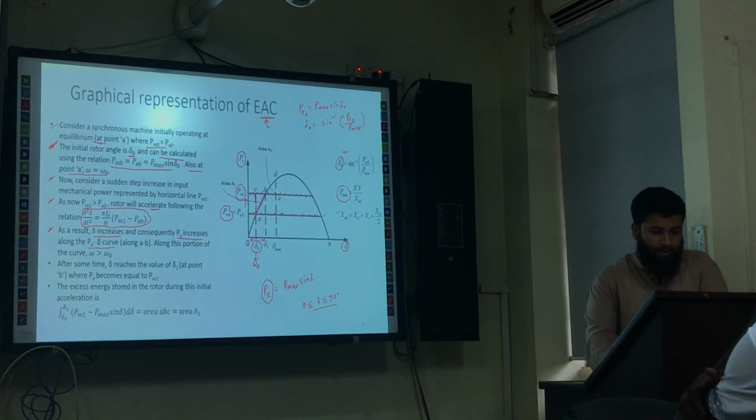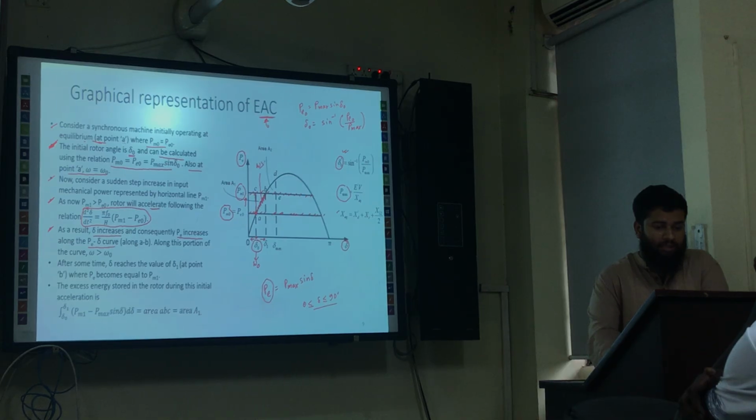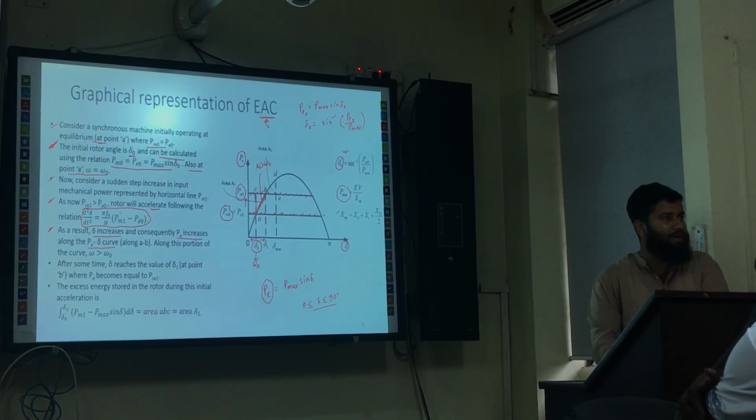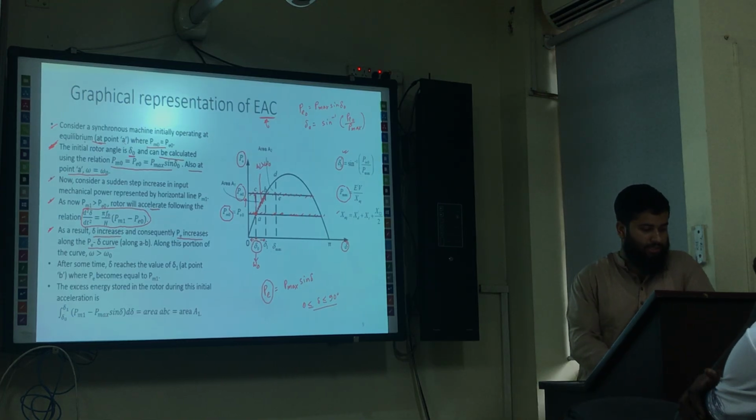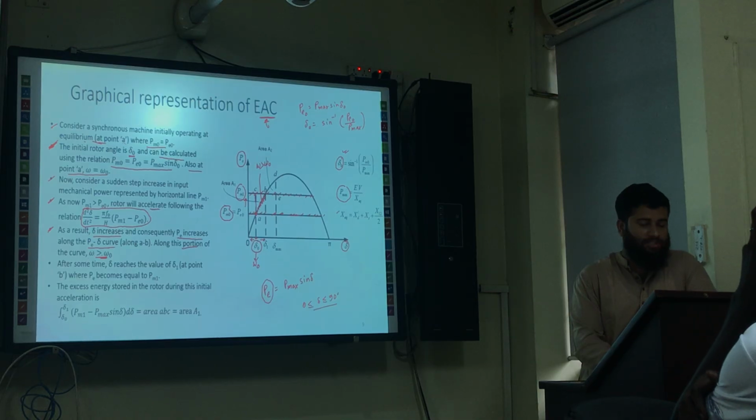Along this portion, if you want to calculate the rotor speed omega, obviously it will be higher than the previous synchronous speed. Why? Because the rotor is accelerating. Acceleration means you will get the rotor speed higher than your synchronous speed. That thing is written here: along this portion of this curve, your omega is higher than omega naught.